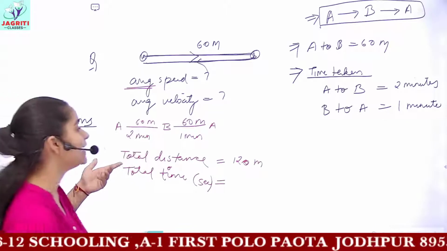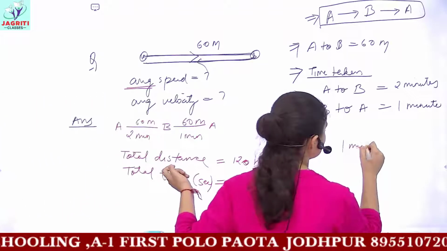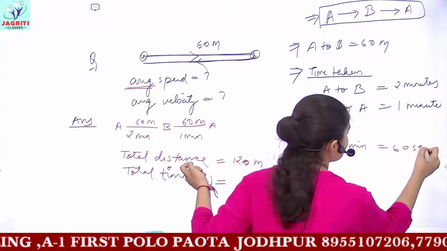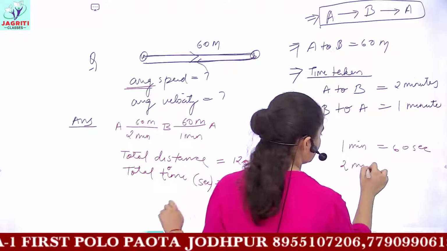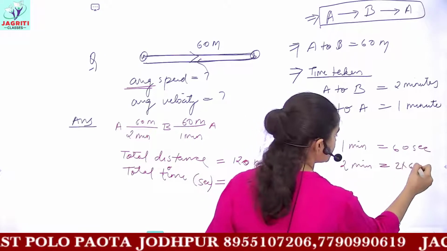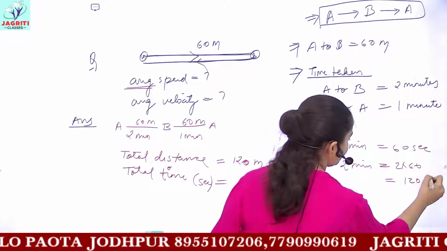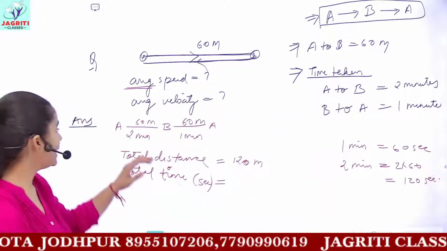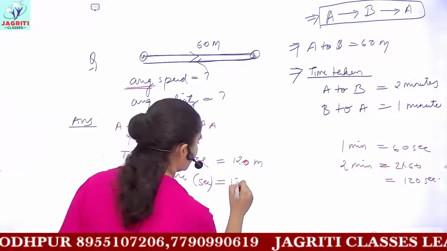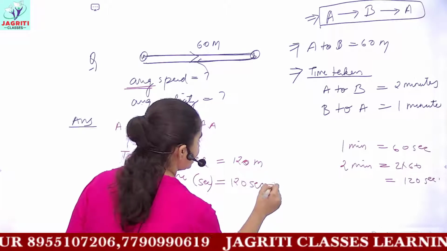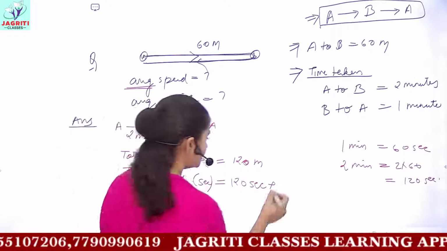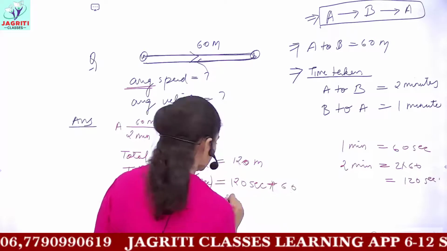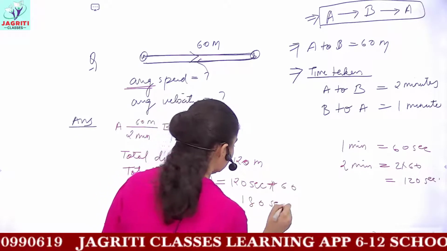This is very easy. I hope you know that 1 minute is equal to 60 seconds. Then 2 minutes would be equal to what? 2 into 60, which would give you 120 seconds. So instead of 2 minutes, I am writing 120 seconds. And then the next 1 minute is equal to 60 seconds. So this would give you 180 seconds in total.